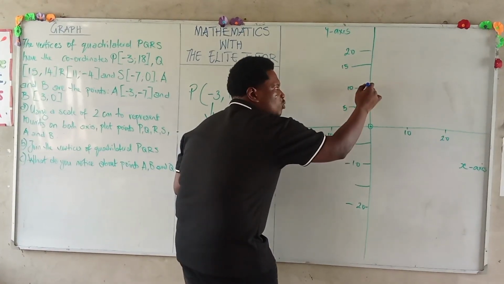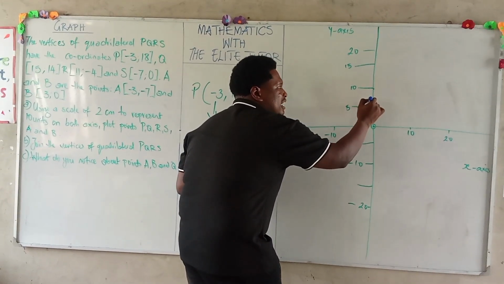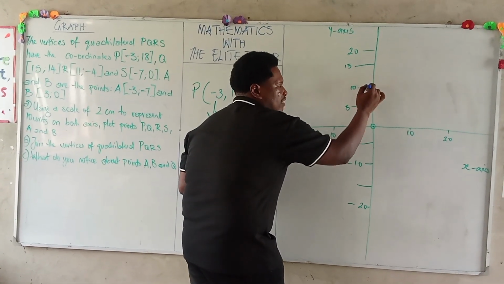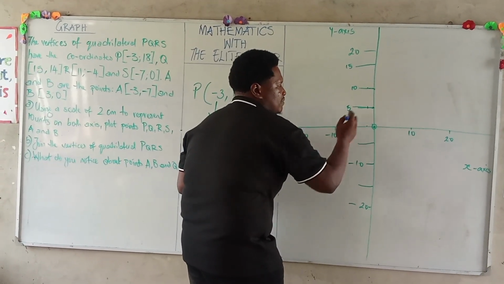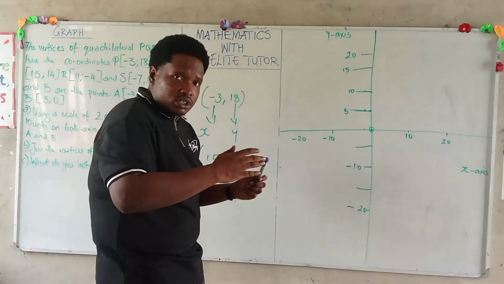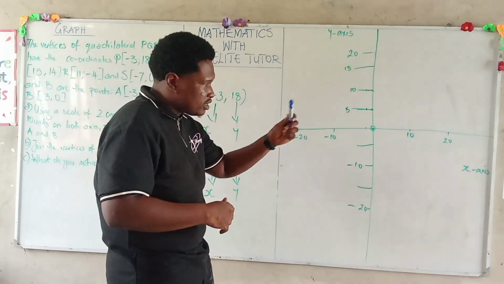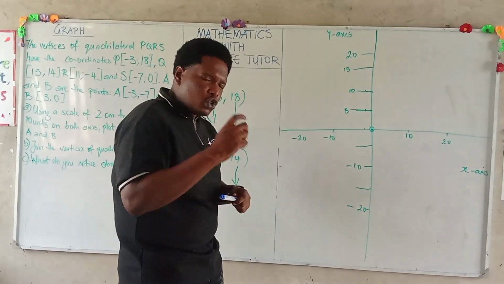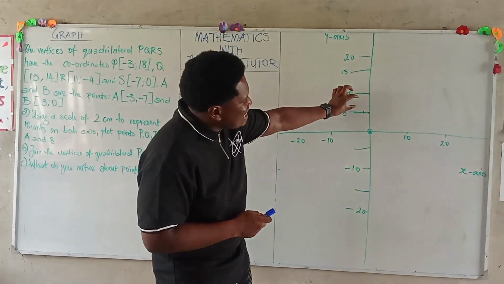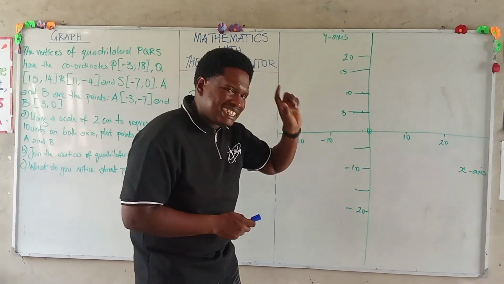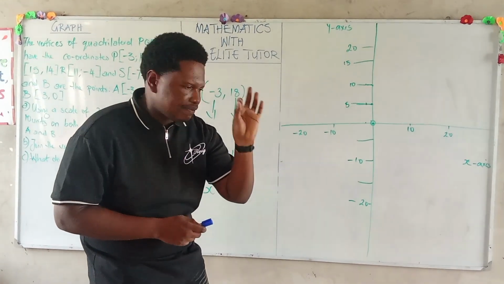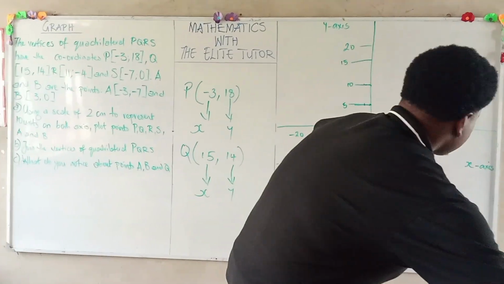And it won't fall between this range, because from here to here is from 5 to 10. But from your 0 to 5, you're talking about numbers between 0 and 5. So numbers like -3 won't fall in this place, but numbers like that are going to fall in this section. So it is very, very important for you to note.